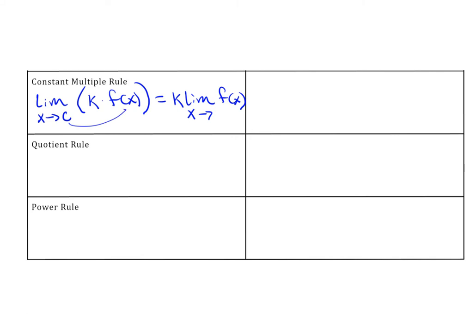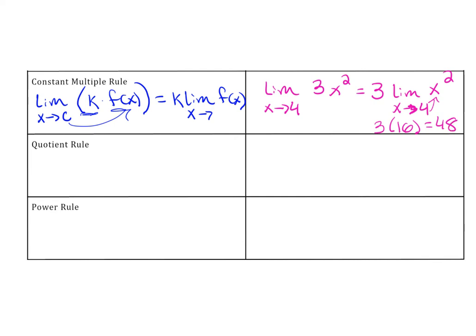So you can find the limit of the function and then multiply by the constant. So an example, the limit as x approaches 4 of 3x squared is the same as 3 times the limit as x approaches 4 of x squared. So plug in, 4 squared is 16, and 3 times 16 equals 48.